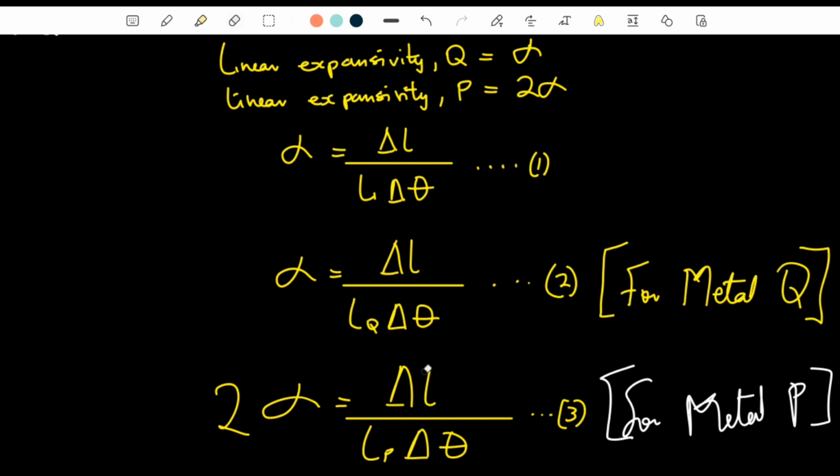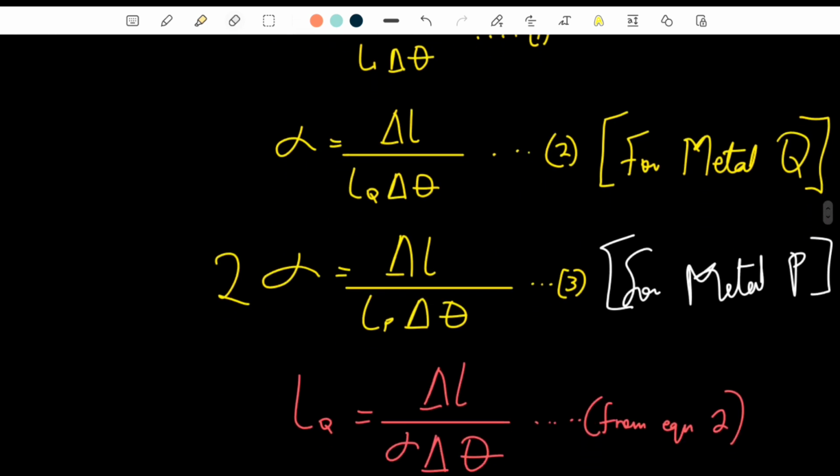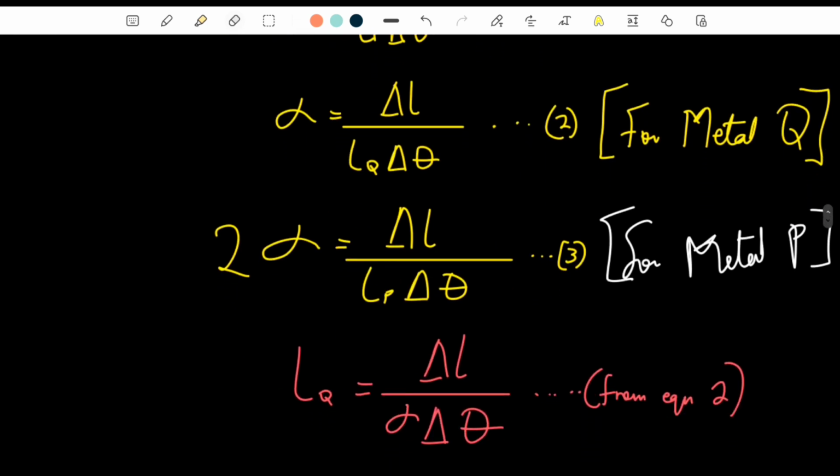Like I said, we're not touching this, and we're not touching the change in temperature. They're the same. LP, which is the original length, we've changed from L subscript 1 to L subscript P. So we have equation 2 and equation 3 right there.